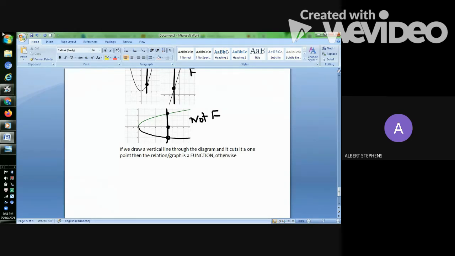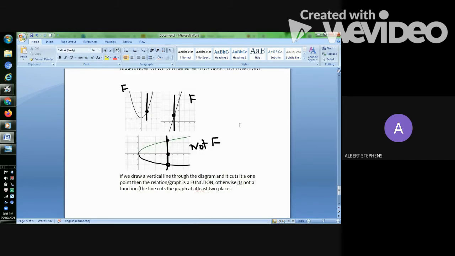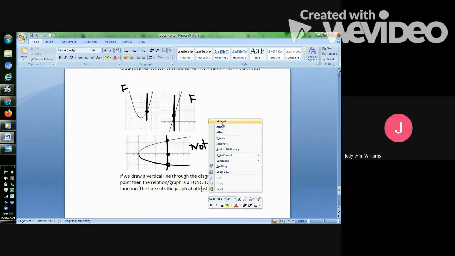Otherwise, it's what? It's not a function. Meaning, the line cuts the graph at least 2 places. Everybody follow? Yes, sir.